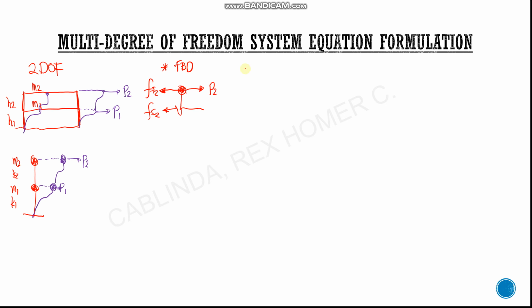So if we sum forces for this one, so to say we have a dynamic equilibrium, and let's say the force going to the right is positive, then we can write an equation: P2 minus Fi2 minus Fs2 is equal to 0.